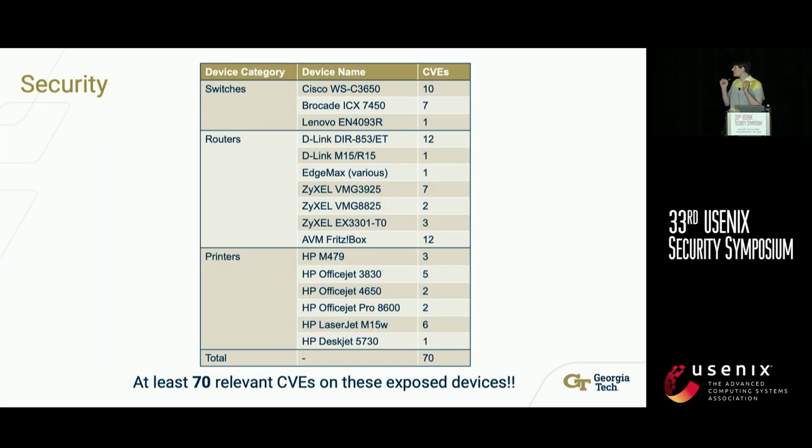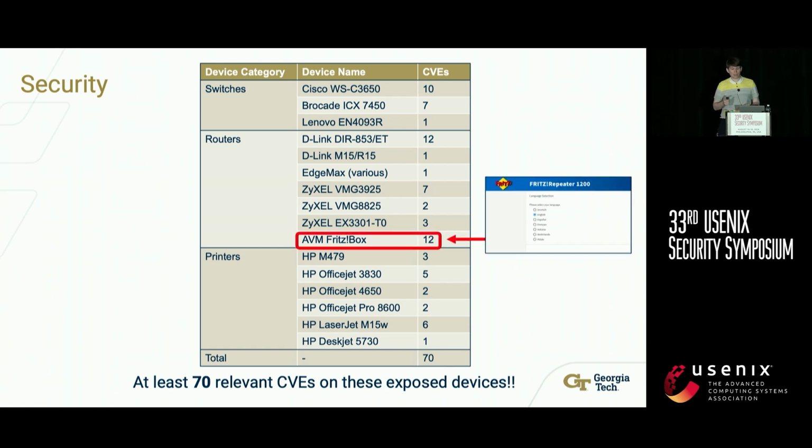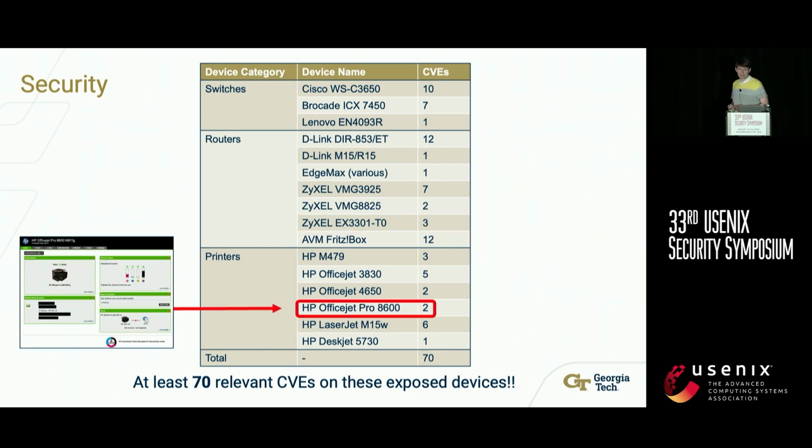Now, we did not, for ethical reasons, actually attempt to exploit them, and we informed all of the relevant ISPs that we'd found these. We found at least 70 relevant CVEs. This was bad from a security perspective. You might recall that Fritzbox wireless repeater and our HP OfficeJet Pro 8600, which also, coincidentally, doesn't have any password protections.